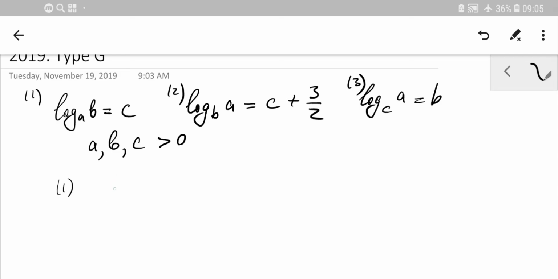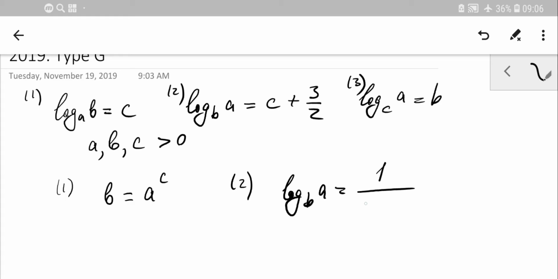We can say that B is equal to A to the power C. And also using the second equation, we have log B A, which using the log property can be converted to 1 over log A B. So from here, we know that this is exactly C plus 3 over 2.